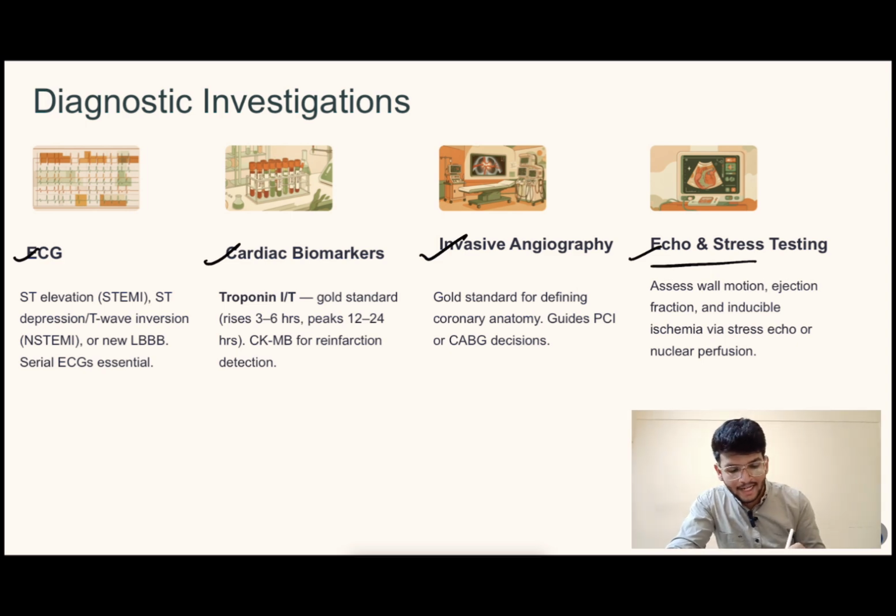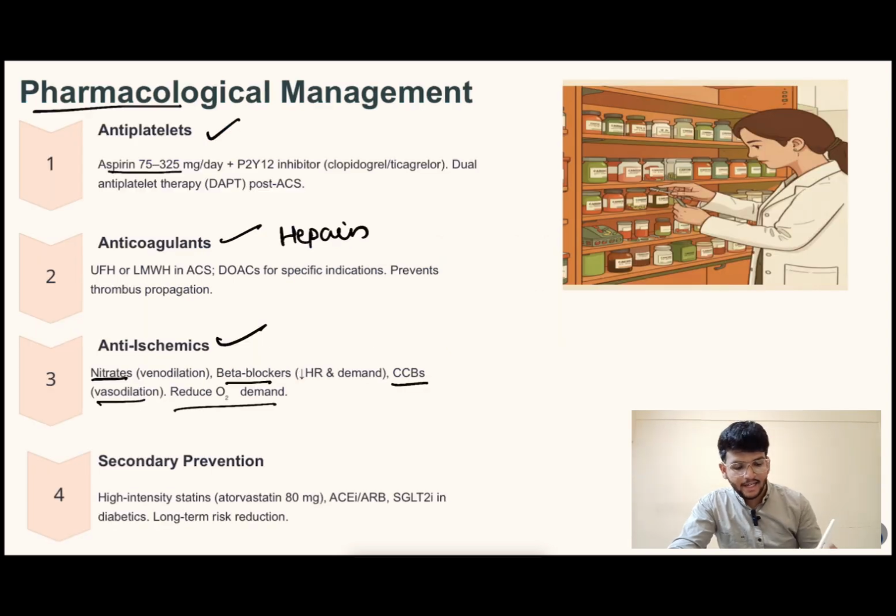Anti-ischemics include nitrates for venodilation, beta blockers to reduce the heart rate, and calcium channel blockers for vasodilation to reduce oxygen demand. In secondary prevention we use high intensity statins, that is atorvastatin 80 mg, ACE inhibitors or ARBs, and SGLT2 inhibitors in diabetic patients for long-term risk reduction.